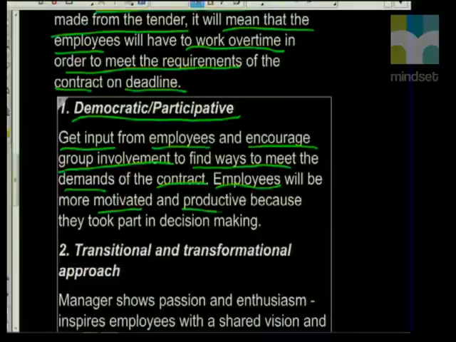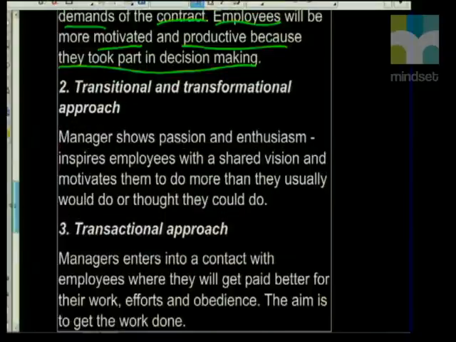Now, employees will be more motivated and productive because they took part in the decision making. So basically, as a manager, you're getting their input, so you're getting their buy-in to go with what you actually want. But the employees feel that they've had an input, and they will work because they feel that they've had their say really.